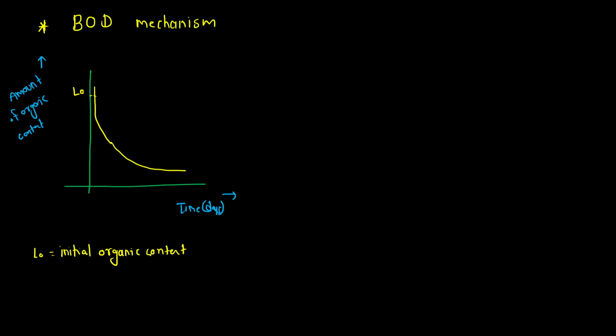So initial organic content, and after, let's say, T days, so after a certain time, you can see the organic content has decreased, and what is the new value now? The new value is LT. So LT stands for organic matter or organic content after T days.